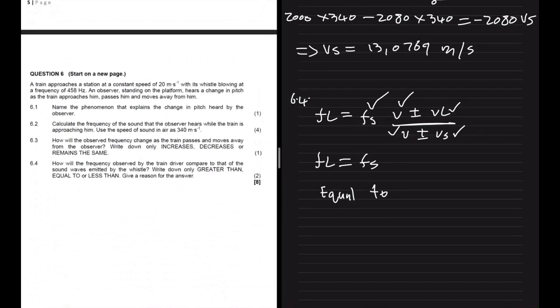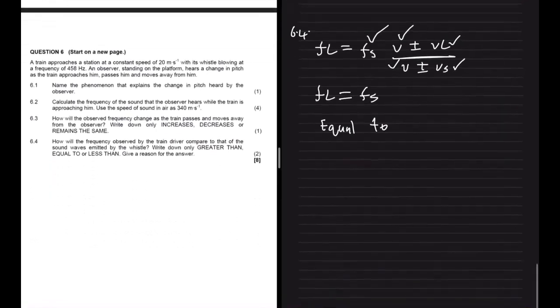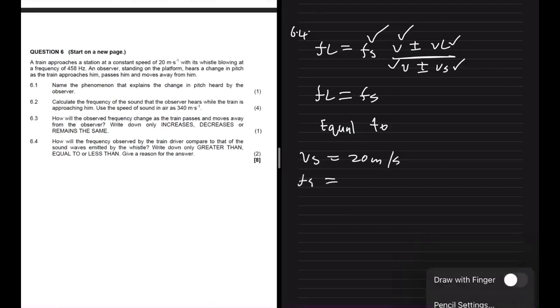Question 6 again. A lot of question 6, it seems. A train approaches a station at a constant speed, with its whistle blowing at a frequency, frequency of source, 458 Hertz.